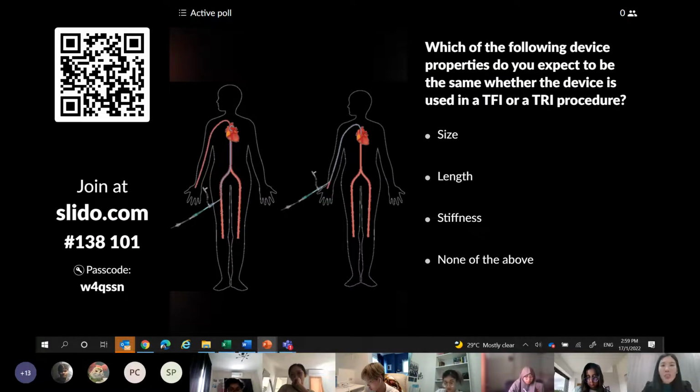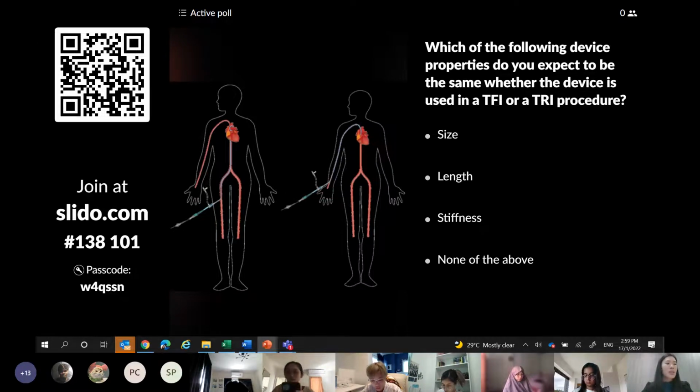So you saw that there's TRI and TFI, transfemoral, transradial. In terms of device properties, what do you expect to be the same? Will the size of the device used for TFI and TRI be the same? The length be the same? The stiffness be the same? Or all of them different because it's different puncture site?